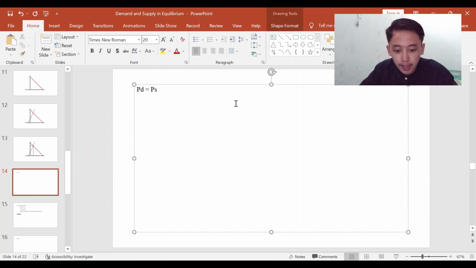We know that the demand is represented by the equation 80 minus Q, and the supply is represented by the equation 20 plus 2 times Q. All we have to do now is solve for Q in this equation and we will know at which quantity the two are equal to each other. Let's do that now.